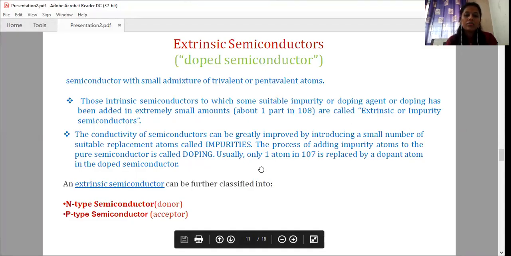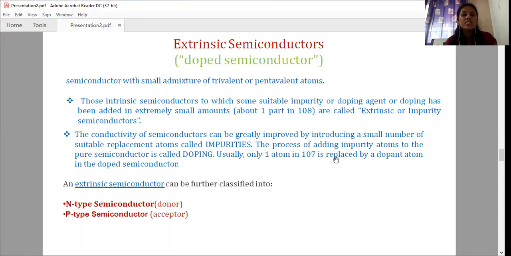The conductivity of a semiconductor can be greatly improved by introducing a small amount of suitable replacement atom called an impurity. The process of adding impurity atoms to the pure semiconductor is called doping. This is the idea about the extrinsic semiconductor.